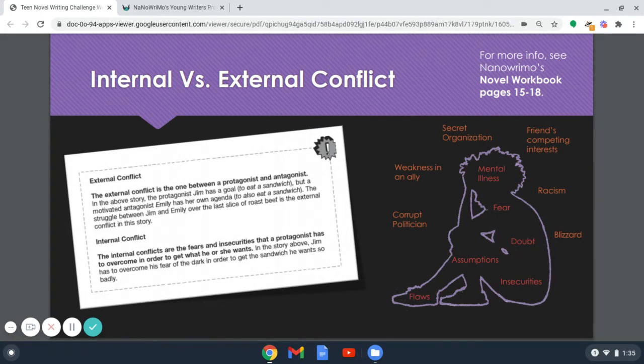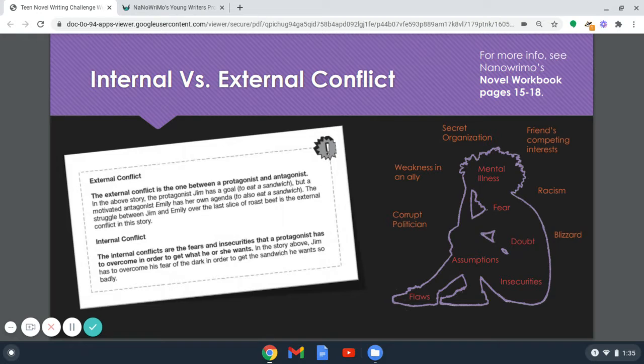But your internal conflicts include any kind of fears, insecurities that your character has to overcome to get what they want, or to solve the problem, or to get to the end of the journey. So that could be character flaws. It could be assumptions that they make about themselves or other people, or the world around them that they have to overcome.